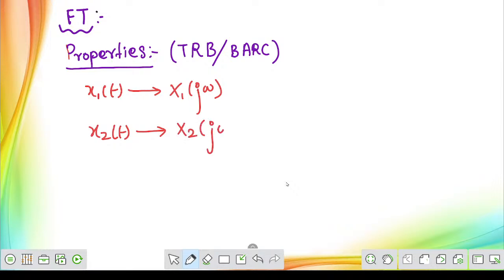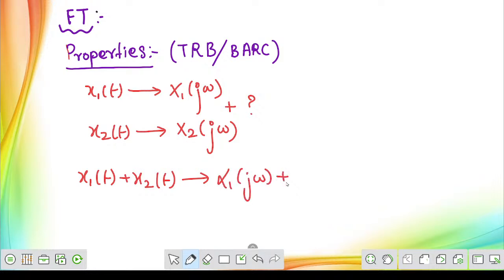If you add these two signals together at the input side, the response you get is x1 of j omega plus x2 of j omega only.